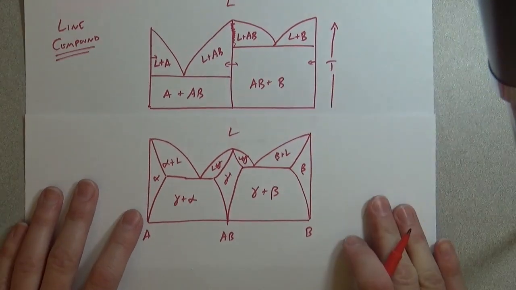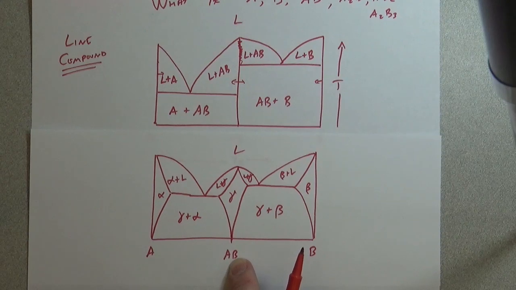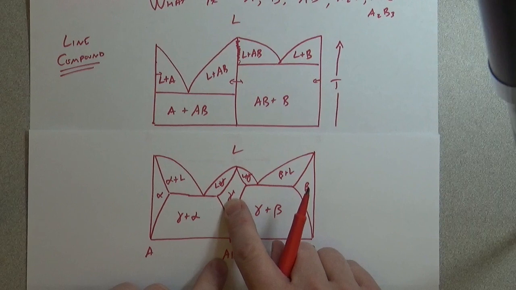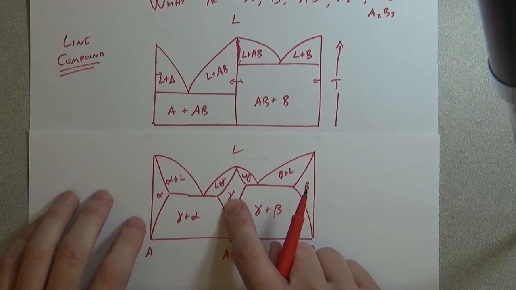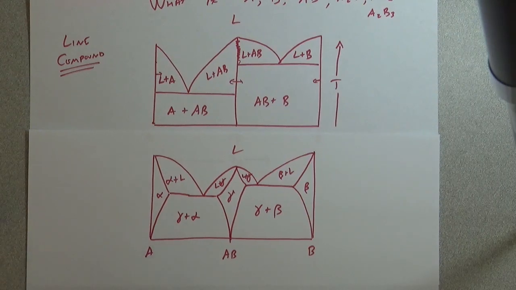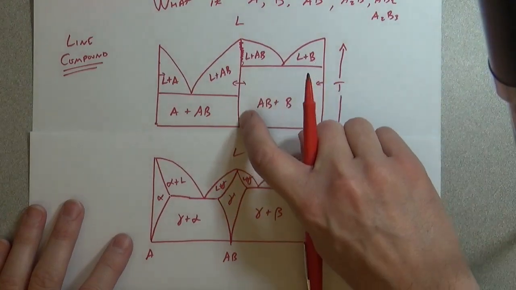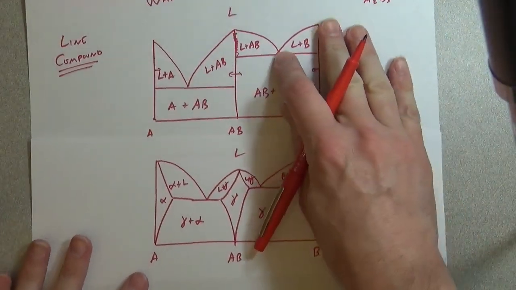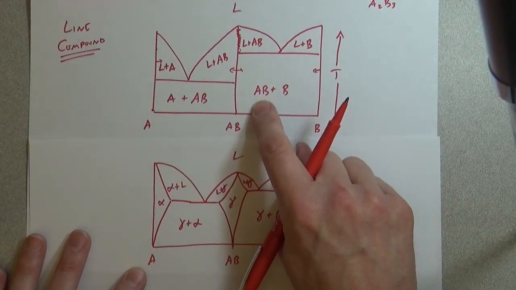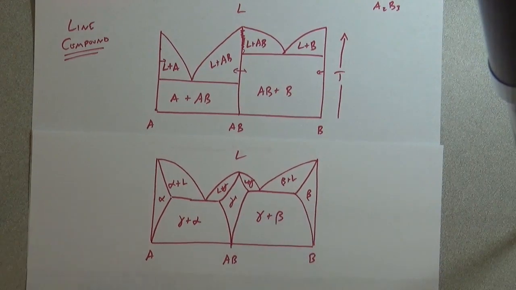And this would be a phase diagram. Again, it has an intermediate compound, AB, but instead of being a line compound, it has a solid solution. So you can see the difference between line compounds, which have very thin, well-defined stoichiometric definitions, and we write them as their stoichiometric compounds, compared to solid solutions.